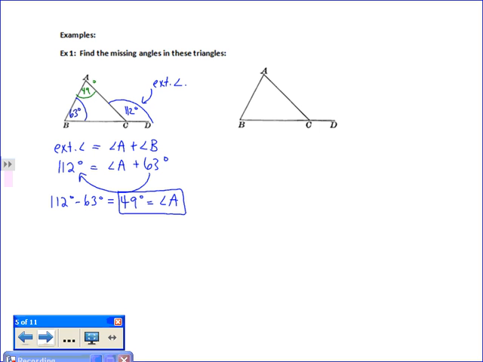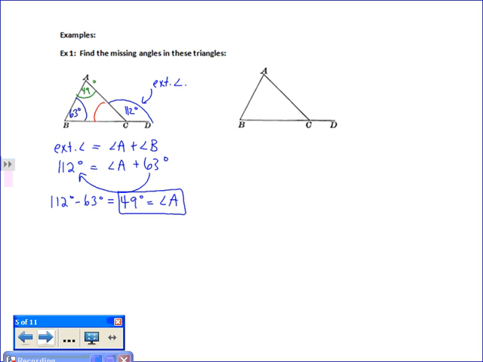And then the last angle that I have, my angle C, or angle ACB, this angle right here, could be solved in two different ways. We could quickly say angle C here, the third angle of this triangle, is going to be 180 degrees minus angle A and minus angle B. Or we could see that it's on a straight line, so I know that it's supplementary to 112 degrees.